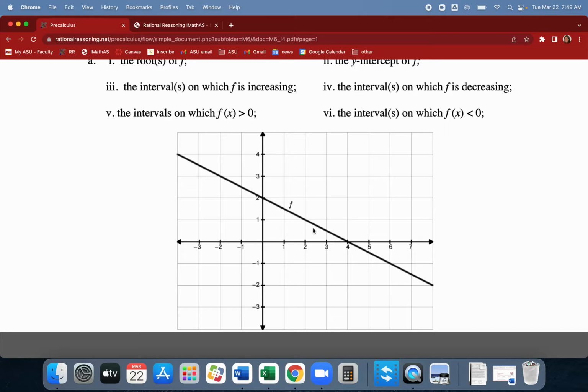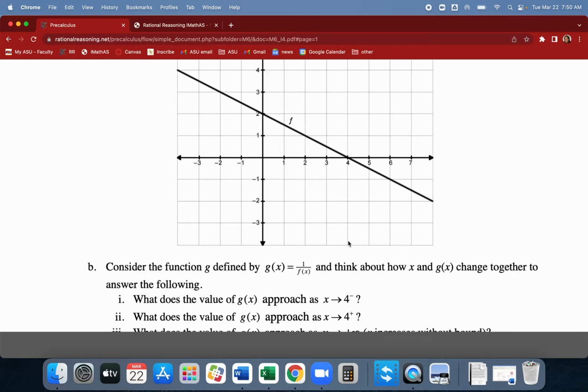So there's no value for 1 over f of x right at 4, but I know the sorts of values by sign that this reciprocal is going to have to the left of 4 and to the right of 4. So that at x equals 4, if we're looking at that reciprocal function, 1 over f of x, that's where we have those vertical asymptotes. That would be a spot where the function g of x, the reciprocal function, doesn't exist.